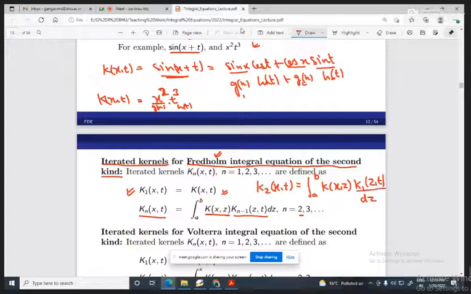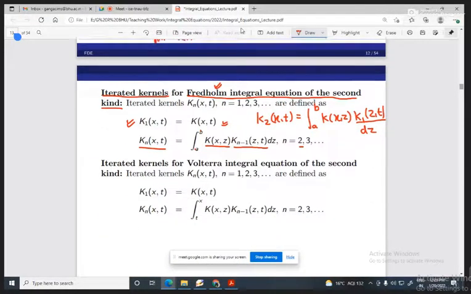And we know about k1(z, t): just replace x with z in k1(x, t), then we obtain k1(z, t). So basically this is the nth iteration of the kernel. For the Fredholm integral equation, just remember that the limits are fixed.